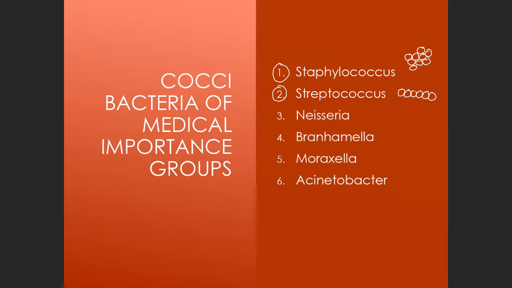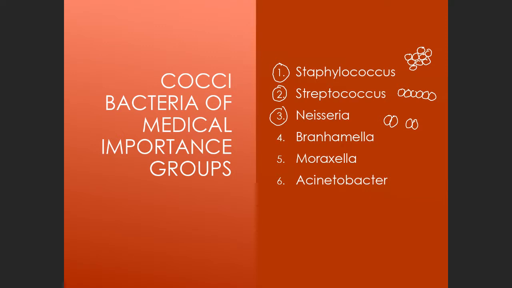Right? And then Neisseria, Branhamella, Moraxella, Acinetobacter, they have a very similar arrangement, which is round bacteria, and usually they combine into two, or diplococcus bacteria.